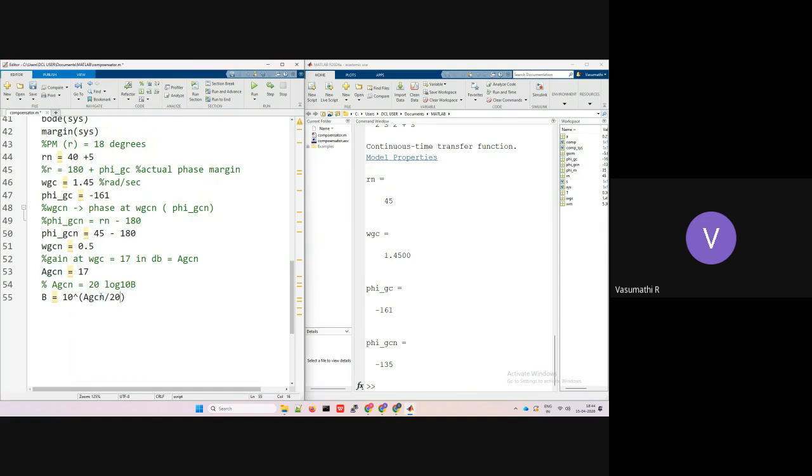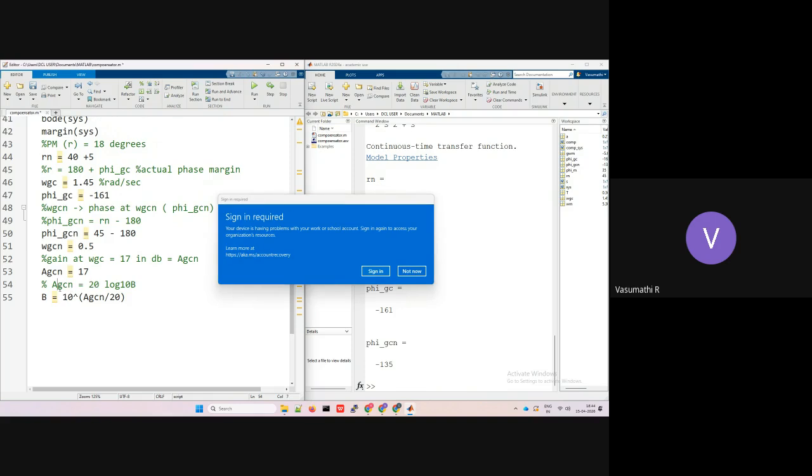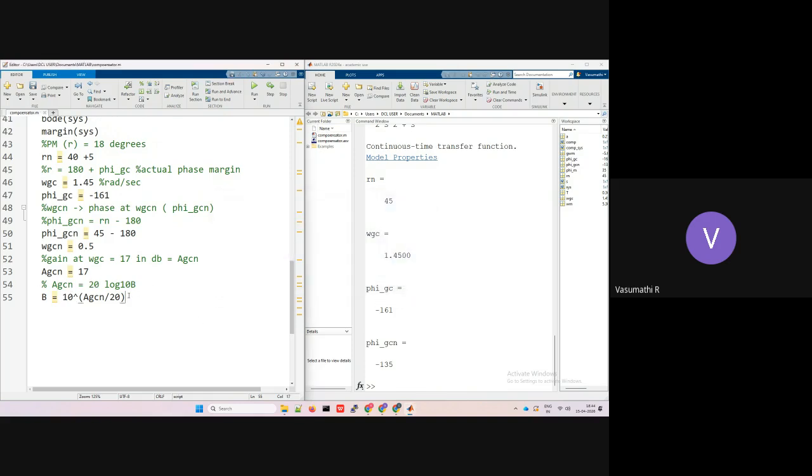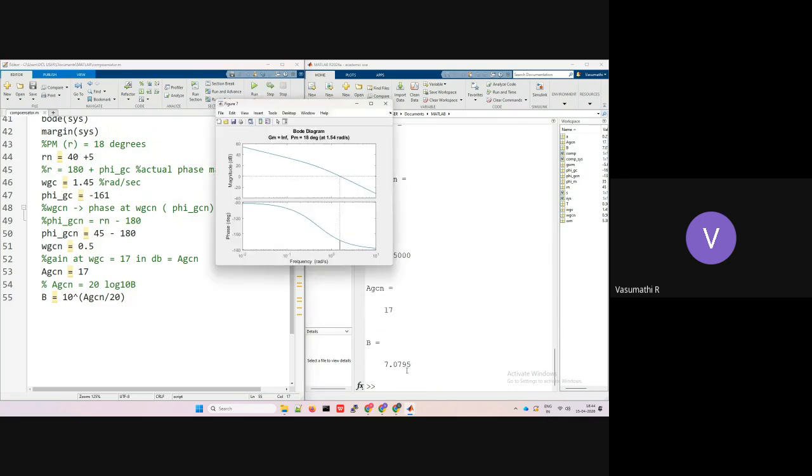So this is your beta. Now we found beta. So what is the beta value? 7.07 around. That is my beta value.